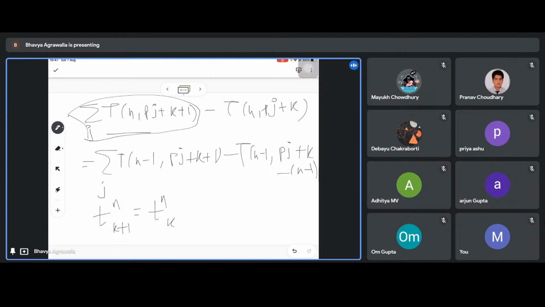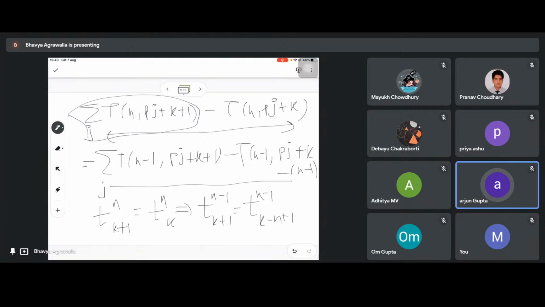That means this sum is 0, which must also mean that this sum is 0, which must mean that small t of n minus 1 comma k plus 1 is equal to small t of n minus 1 comma k minus n plus 1, right? Yeah, I got this.